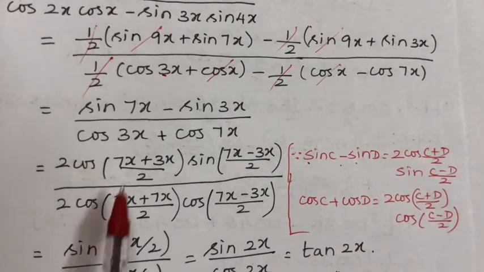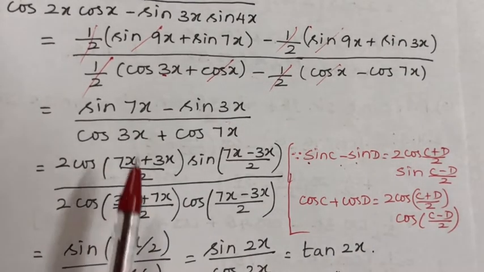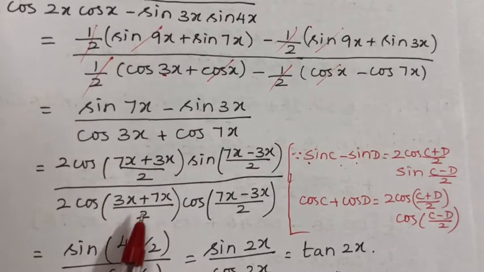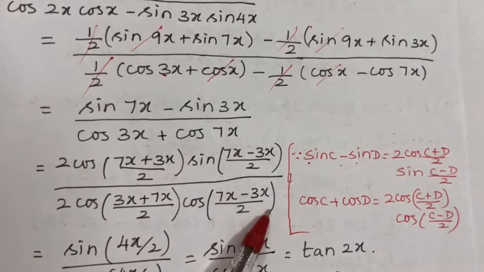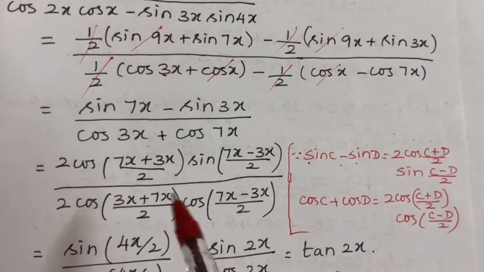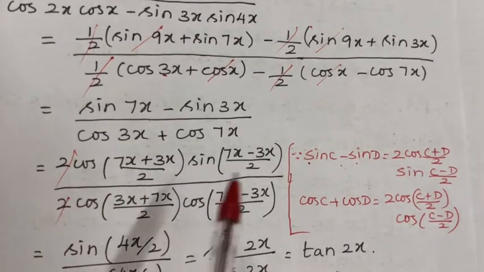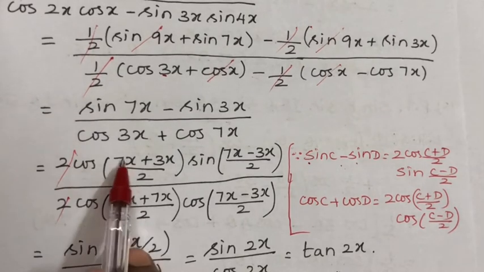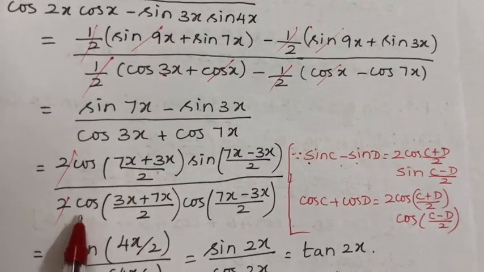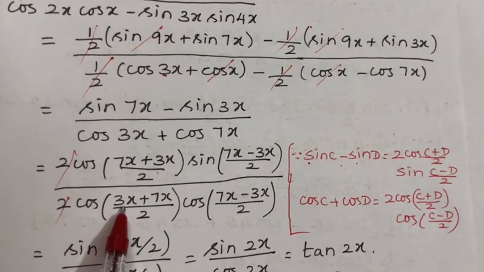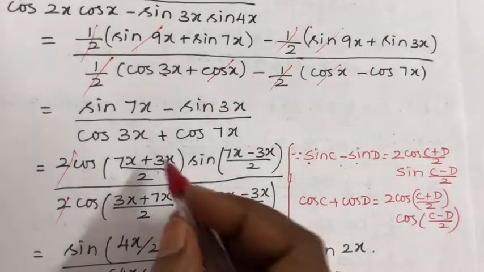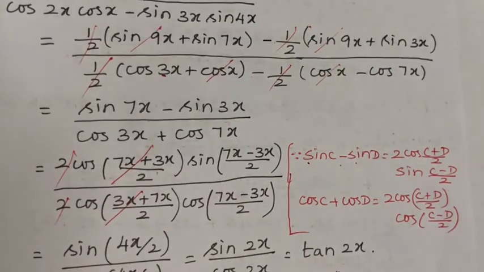So 2 cos (3x plus 7x) by 2, cos (7x minus 3x) by 2. Okay, so 2 will get cancelled. Here cos (7x plus 3x) by 2. Here also we have cos (7x plus 3x) by 2. So these two terms will get cancelled.